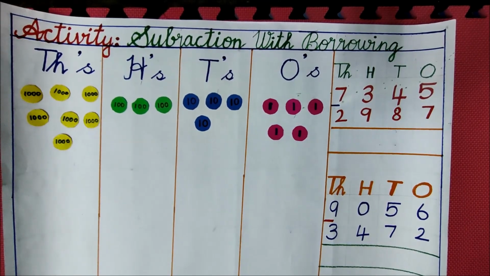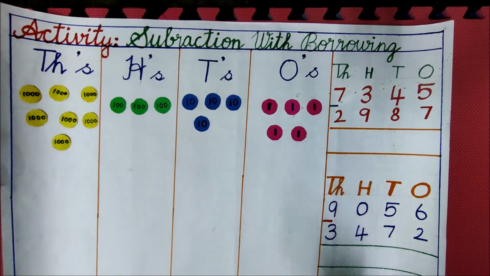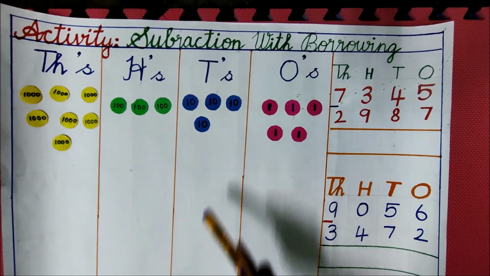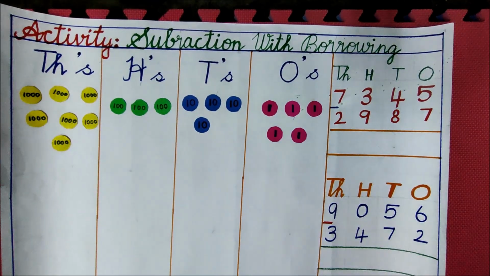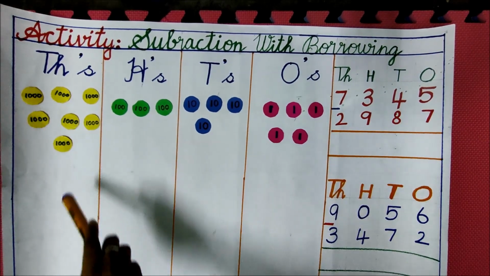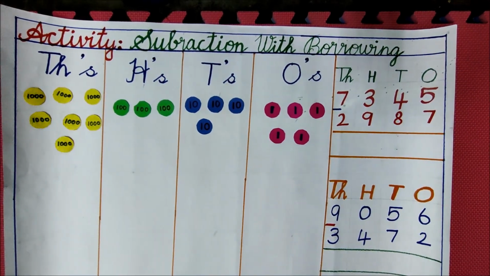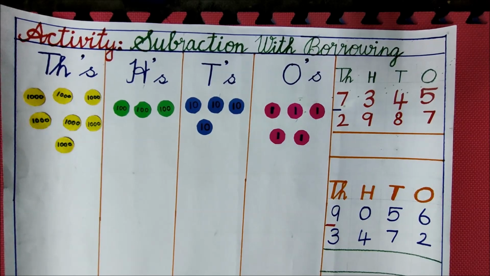See, this pink color belongs to ones, the blue color belongs to tens, the green color belongs to hundreds, and the last one, yellow color, belongs to thousands.